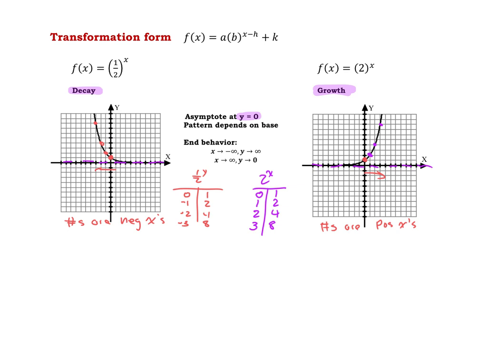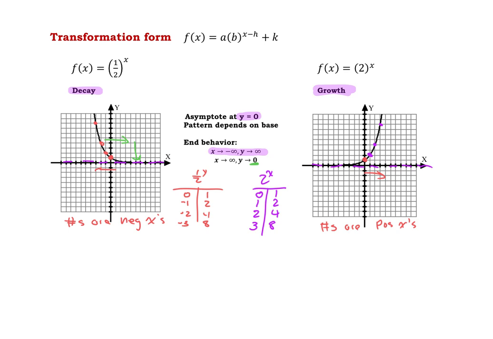Now we're going to discuss the end behavior. As x goes to the left, so we're thinking about as I go to the left, y is going up. So that's easy to see. But as I go to the left, y is hitting that asymptote, and that's why we use that asymptote.